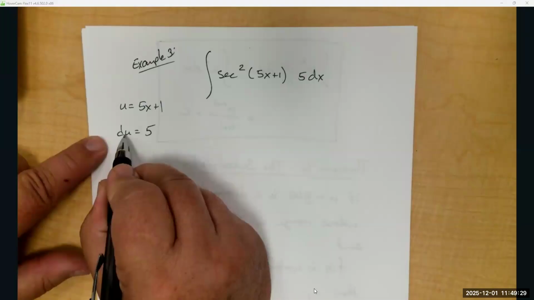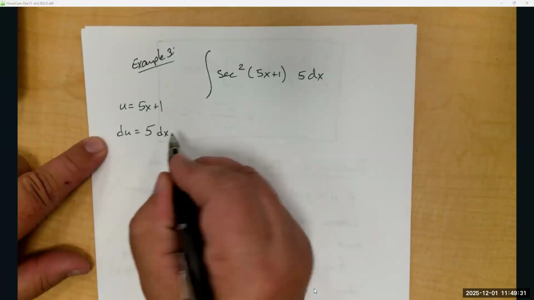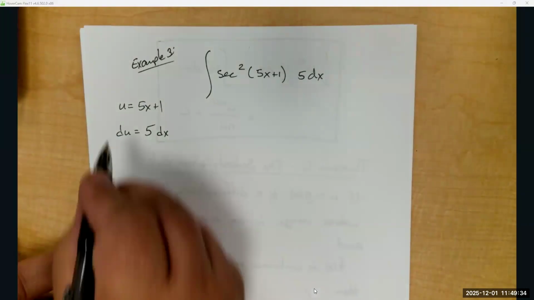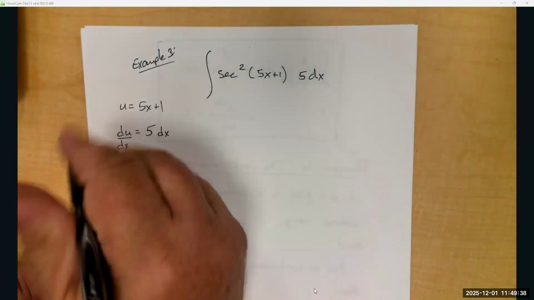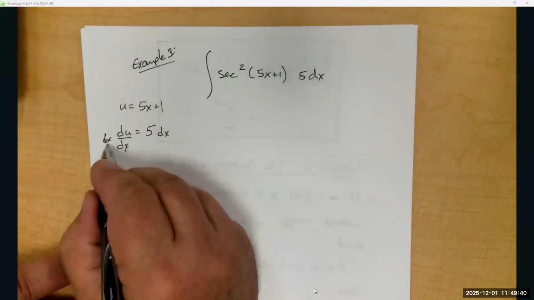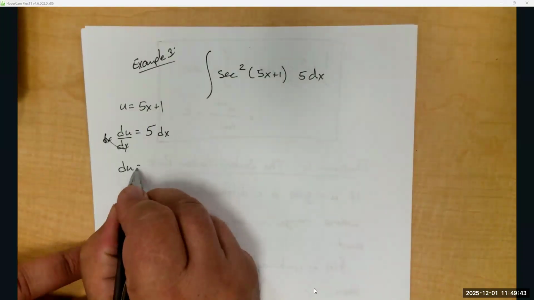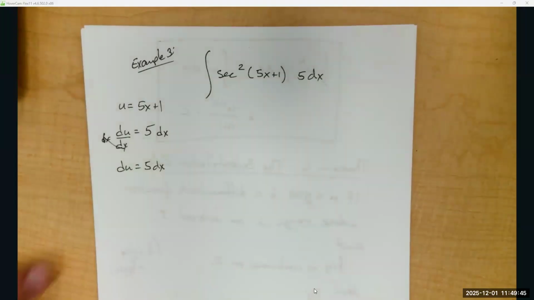Since this is a function with respect to x, well, it's actually du/dx equals 5. But if I multiply dx to both sides, I get du is equal to 5 dx.